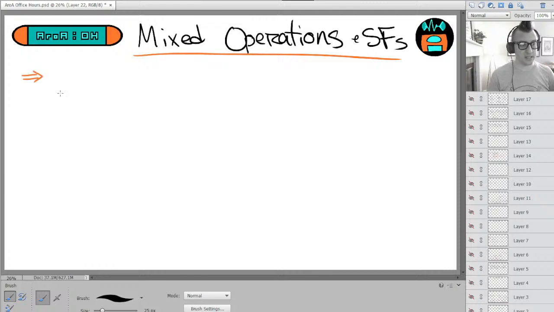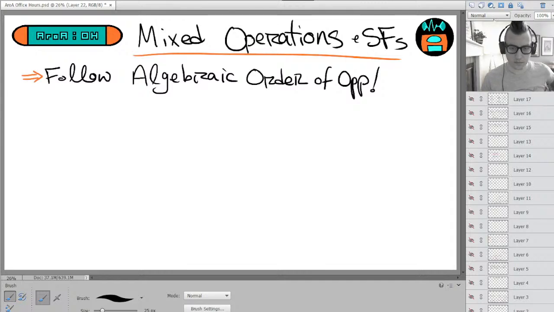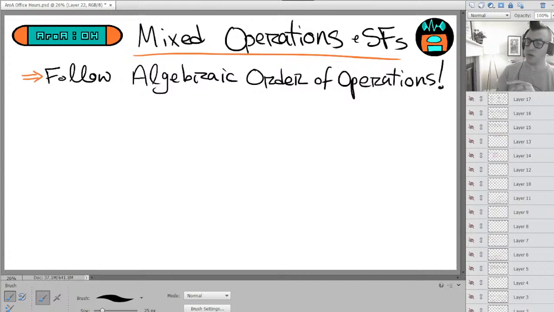And the answer is you follow your regular algebraic order of operations. You just follow your regular algebraic order of operations.